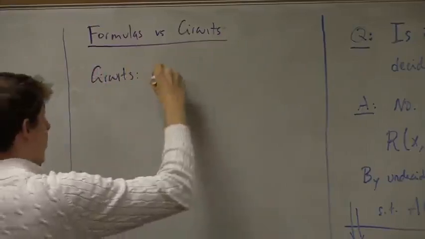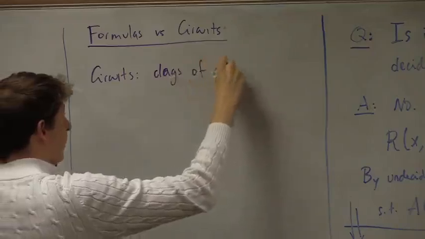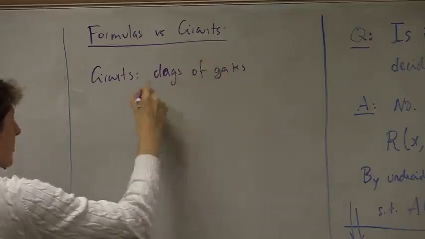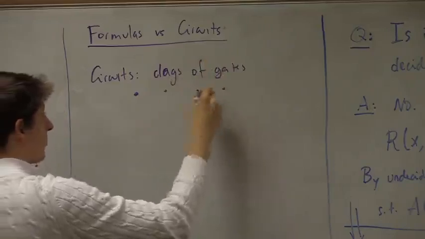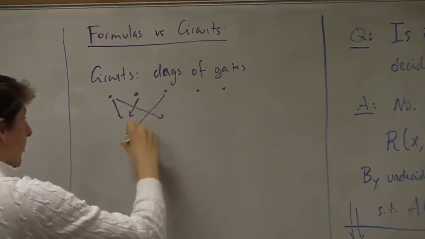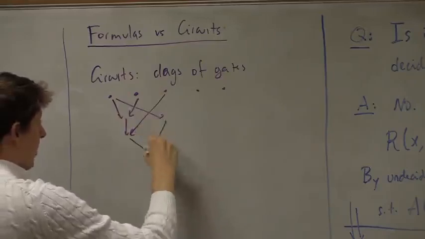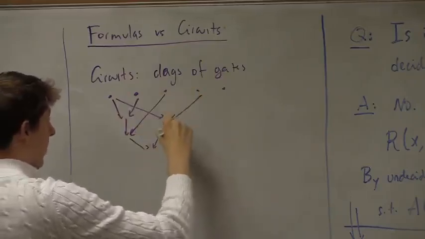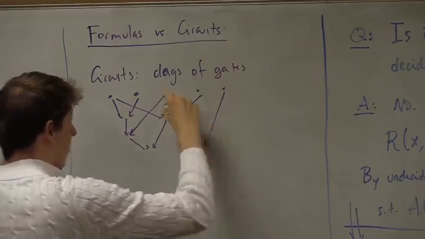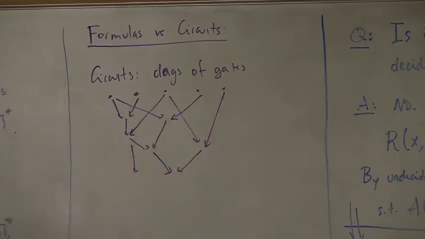They are just directed acyclic graphs of gates. So, you have some inputs and you have gates internally, and it's computing in a reasonable way, right? And at some point you produce some outputs. Okay, so it's a directed acyclic graph of gates.